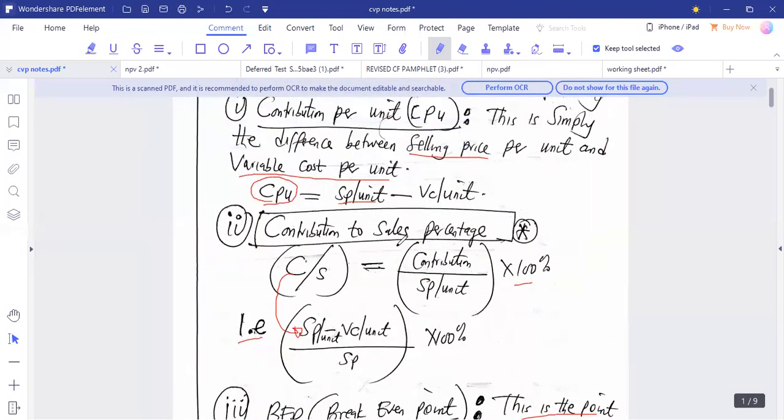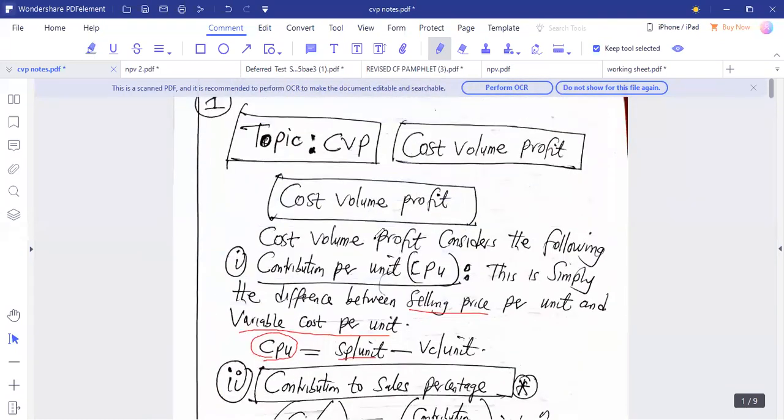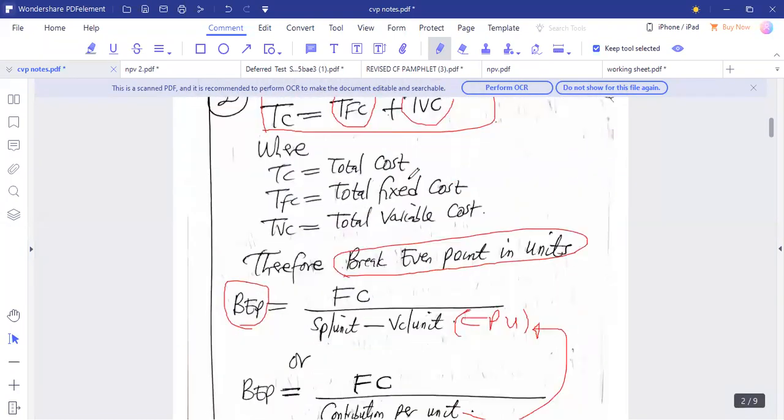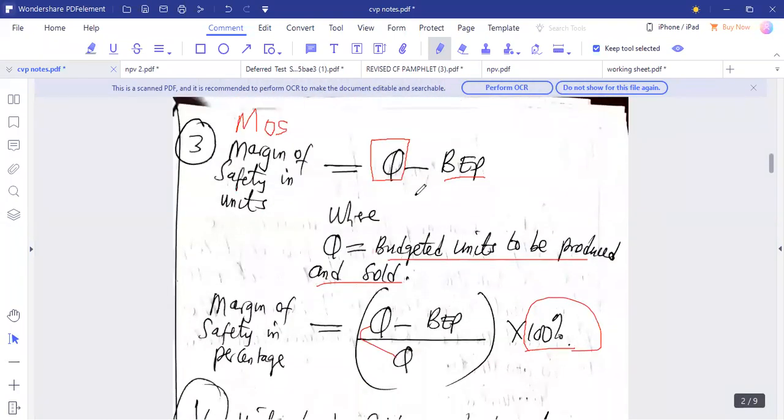Same as in management theory and practice. So these are the formulas that are involved as we look at this topic, which is cost volume profit.